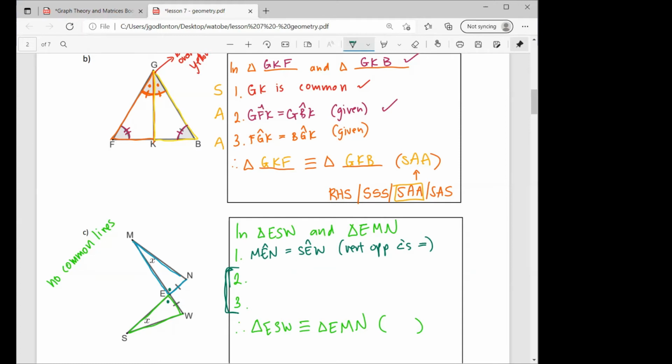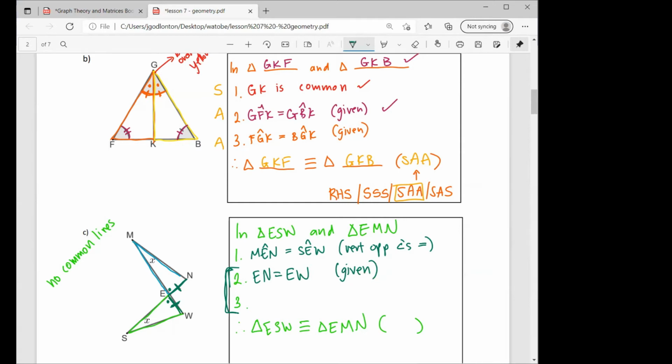Look at the line, yeah. Is EN equal to EW? It is. EN is definitely equal to EW because they both have that single line, and that line means that they're equal to each other. So we can say EN equals EW, and that's just been given to us.